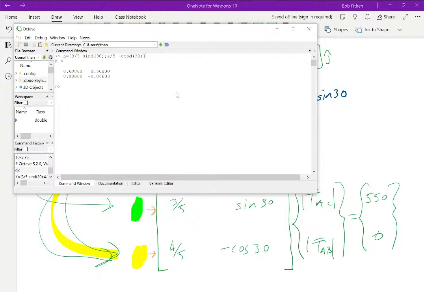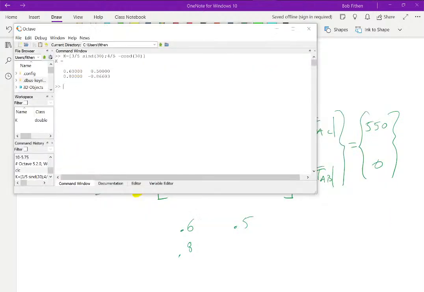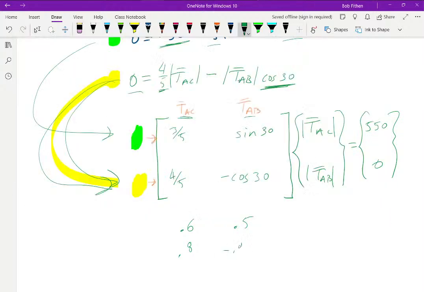There's my matrix. 0.6, 0.5, 0.8, minus 0.866. That's TAC, TAB equals 550 and 0.